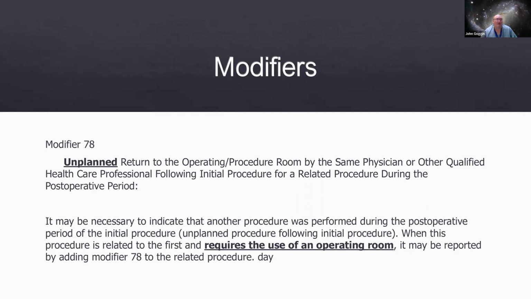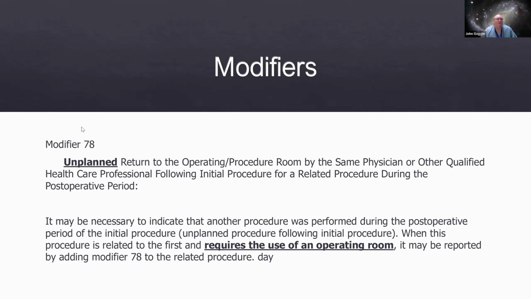You'd apply the appropriate code for whatever you needed to do to fixate that, and append a modifier 78 to indicate that it was related to the original procedure, but it was not planned.